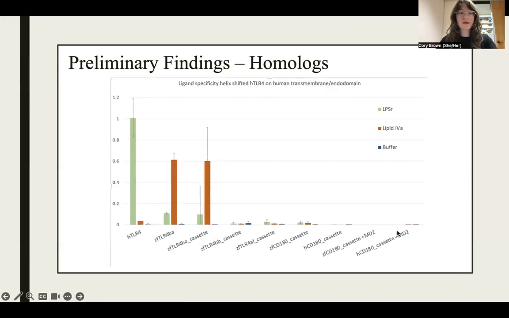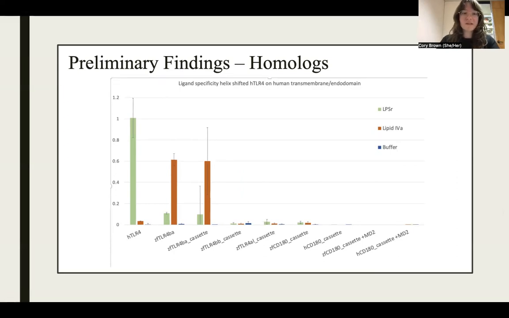And then another aspect of my project was to explore the homologs of TLR4, which had evolutionarily split off from the currently operating TLR4 we had already noted within our lab. So zebrafish TLR4-BB and zebrafish TLR4-AL are both duplicates of the zebrafish ancestral TLR4, which have now become inoperational.